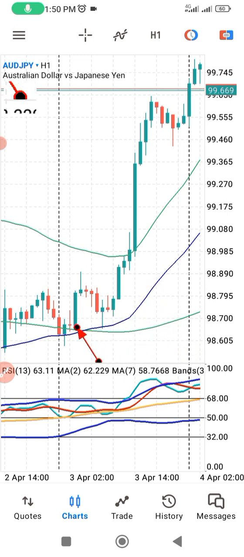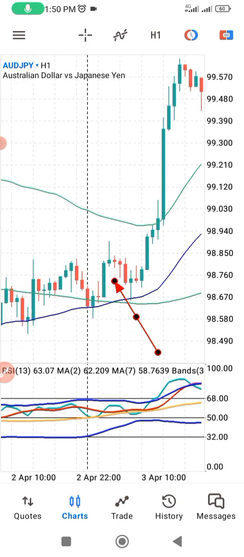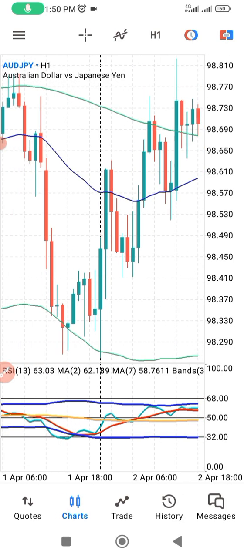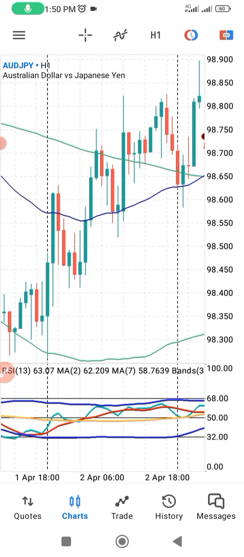Whenever price is above the middle Bollinger Band, which is the green line, it is an uptrend, and the crossing of price to above the 50 EMA gives us more confirmation that we are in an uptrend.